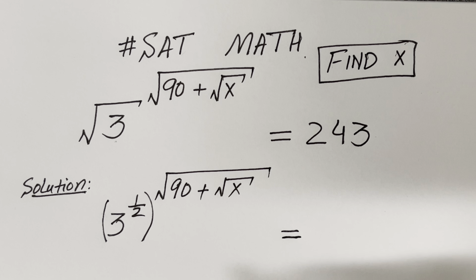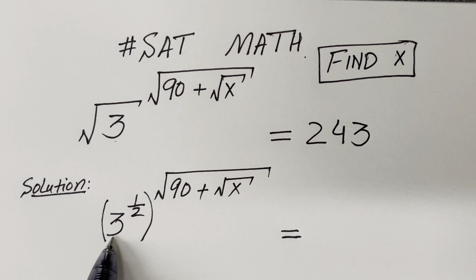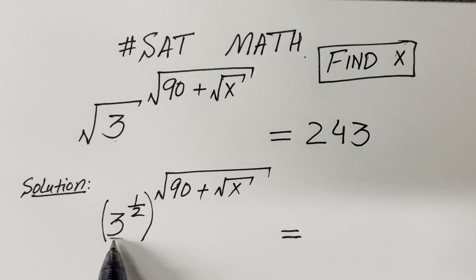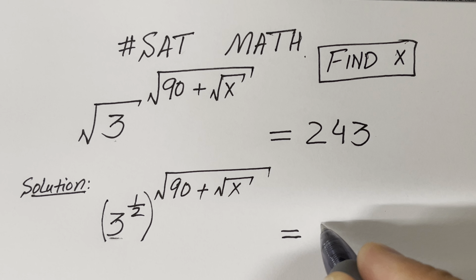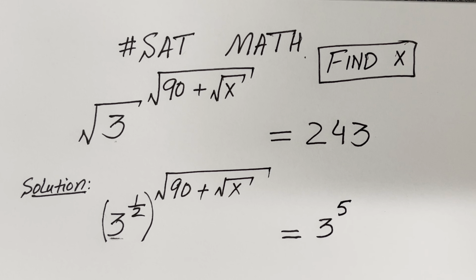And what is on the right hand side? We have 243, but the left hand side has base 3. Can we write 243 in terms of powers of 3? The answer is yes, because 243 is just 3 raised to the power 5.